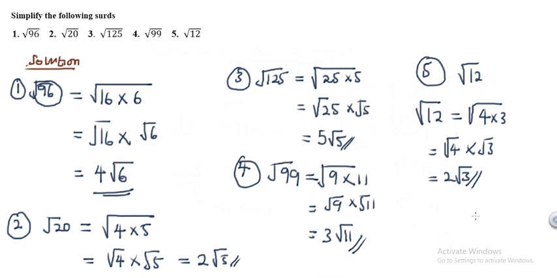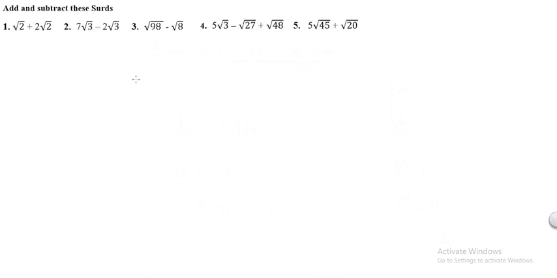We're going to look at more examples, but let's look into how to add and subtract surds. In order to add and subtract surds, there is a key idea you need to have in mind. Say you have root 2 plus root 2. You can add these two surds because they have the same roots.